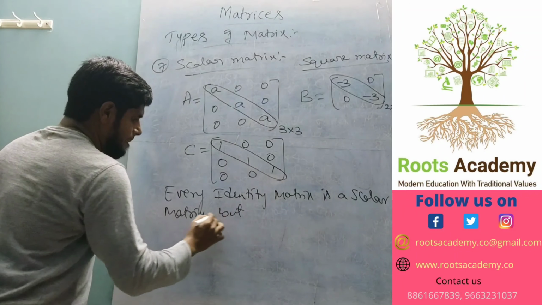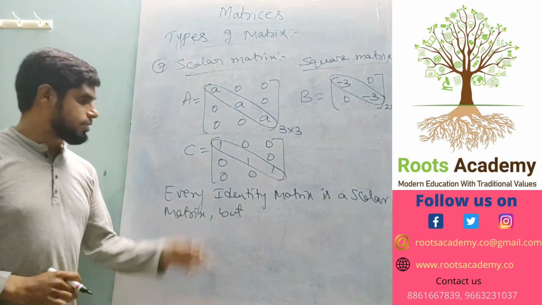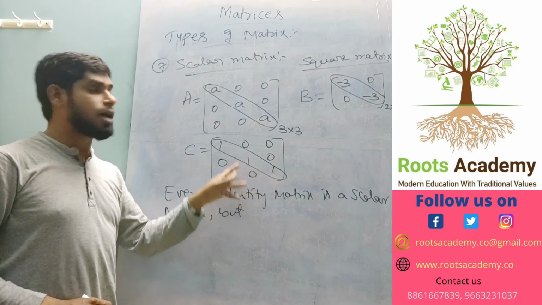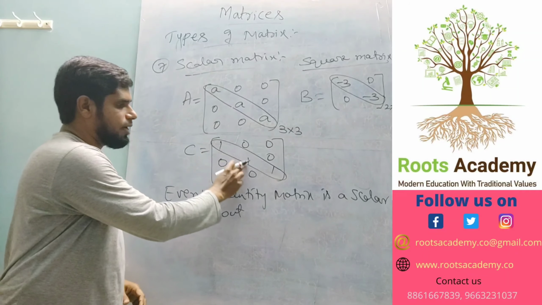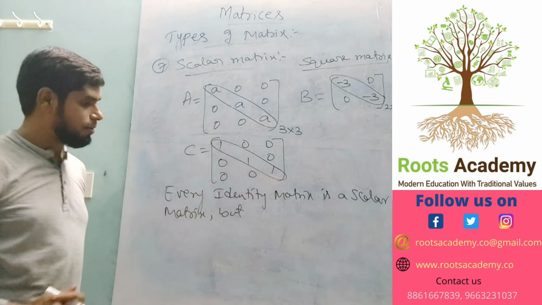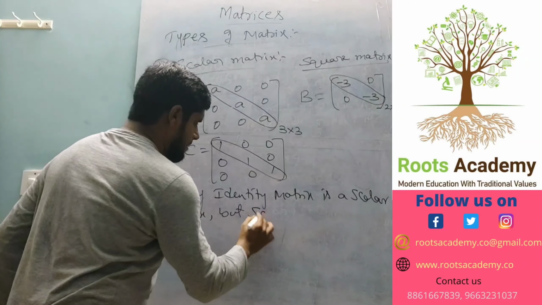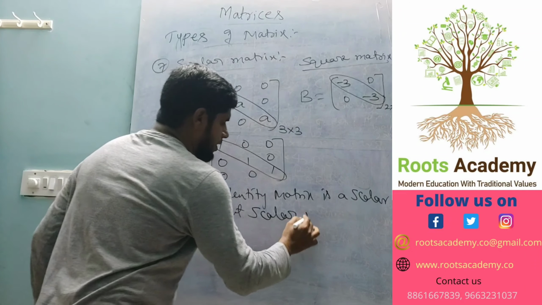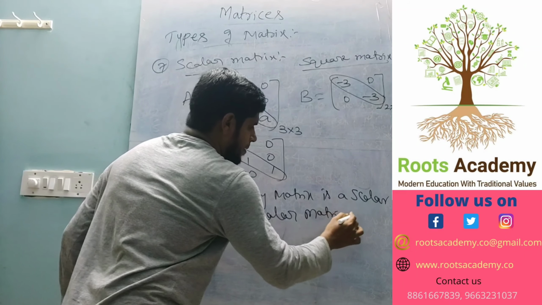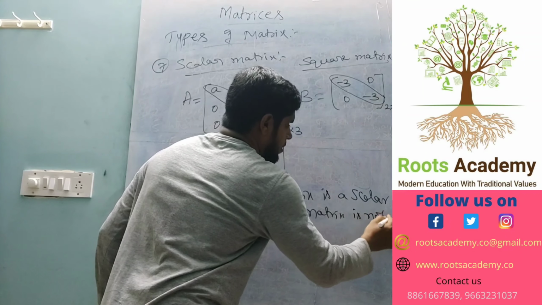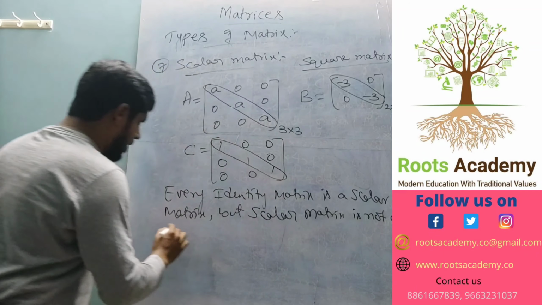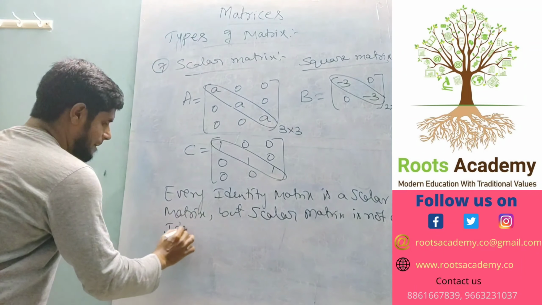Student, see, every identity matrix is a scalar matrix because the principal diagonal elements are equal, but scalar matrix is not an identity matrix.